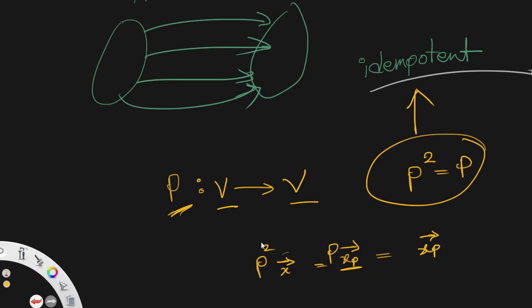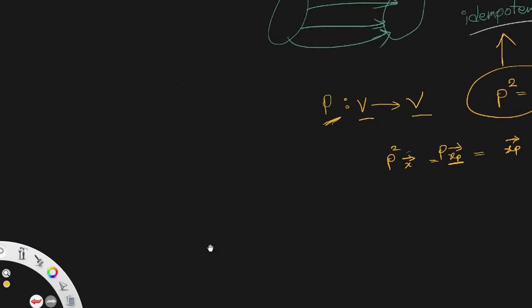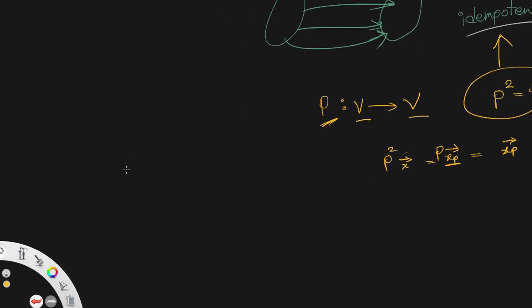Let me summarize. In linear algebra, a projection is a linear transformation, let's call it P, defined from a vector space to itself.